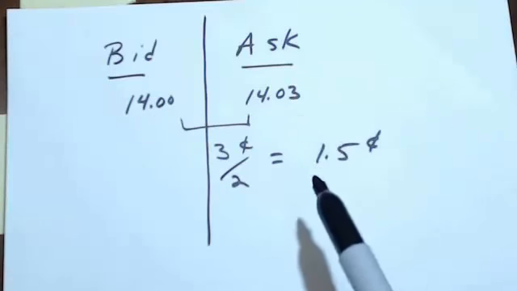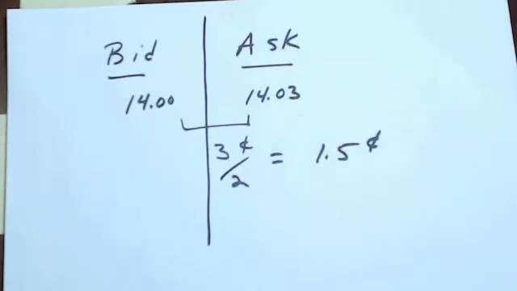So when you execute one leg of a transaction, and by a leg I mean one side of a transaction, either the buy or a sell, then you're implicitly paying 1.5 cents in this example in terms of a spread.